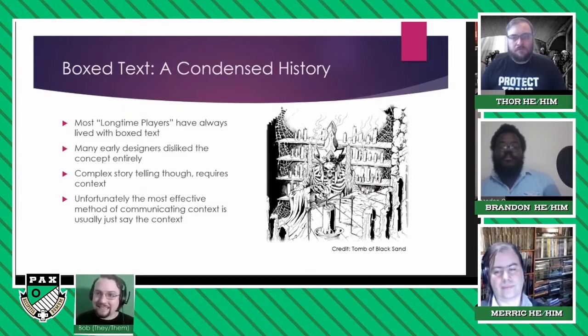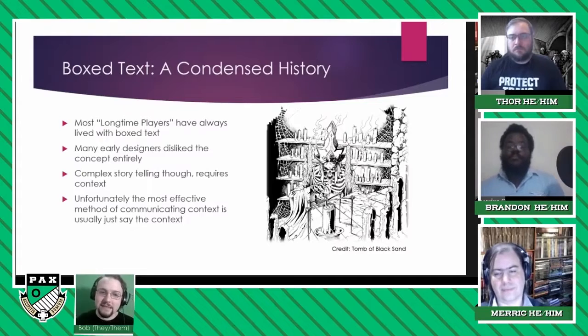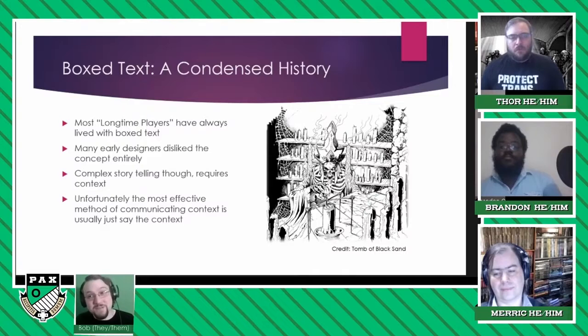So context is key in a wide variety of situations, whether you're doing a traditional dungeon crawl or an in-depth exploration of the psyche of some vampire living on the top of a castle, causing pain and suffering to the surrounding land. Just telling people facts tends to be the best way to communicate context. But it doesn't make for great storytelling.